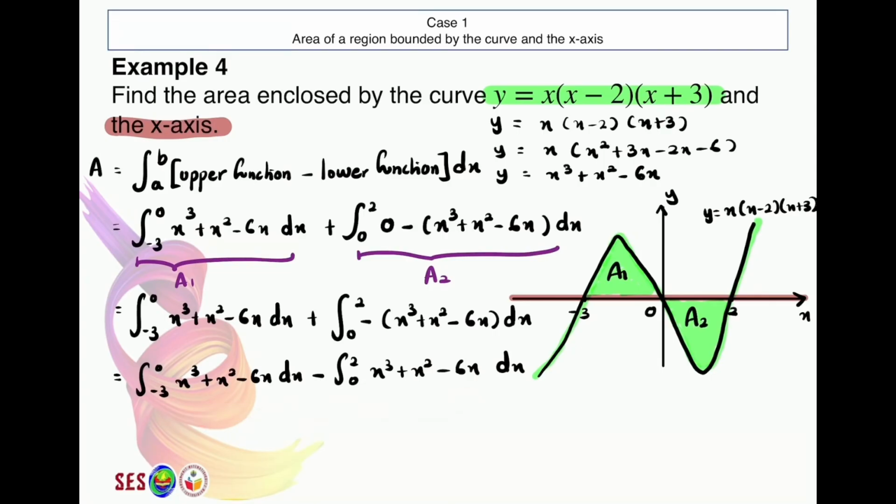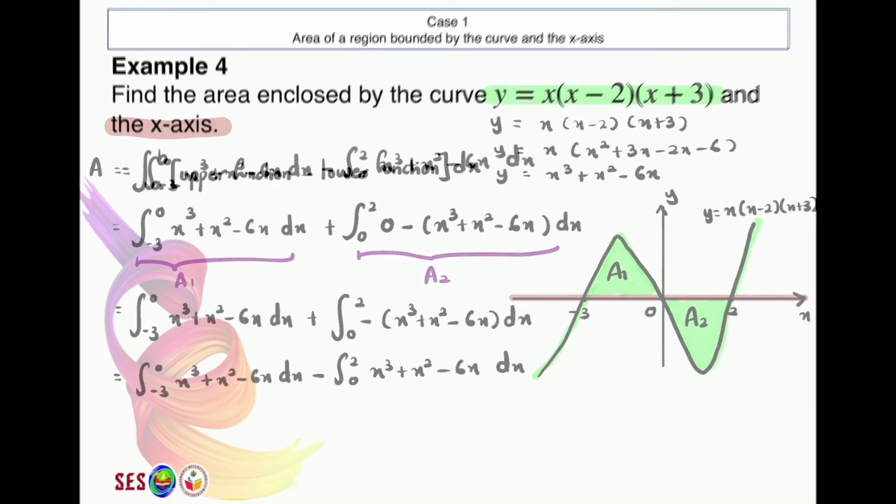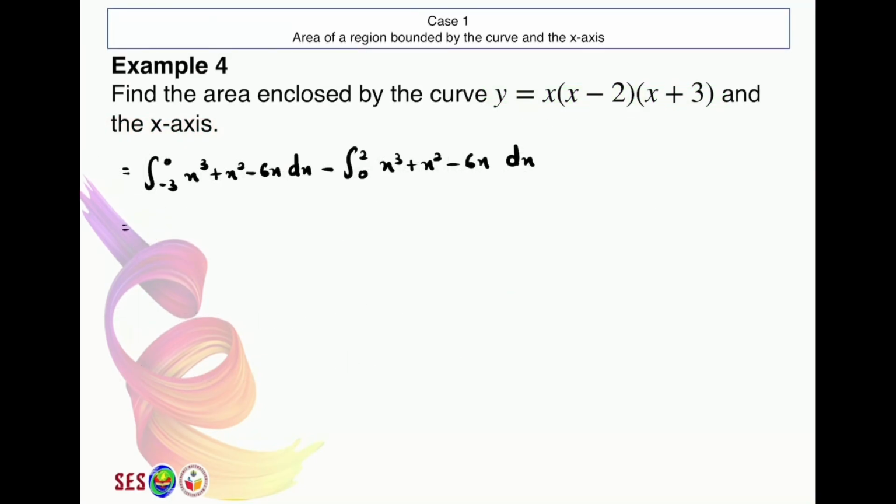Now when we integrate, we'll get x to the power 4 over 4 plus x cubed over 3 minus 6x squared over 2. When you cancel this out, you'll get 3x squared. So we can straight away write it as 3x squared.